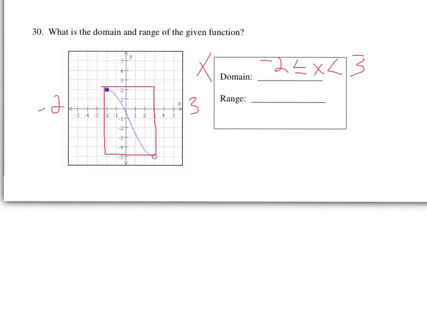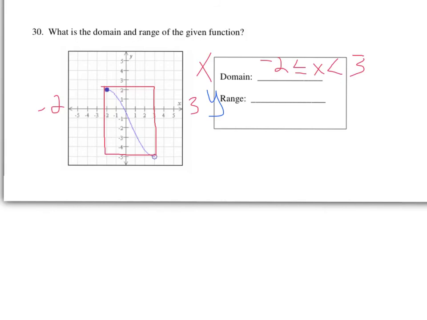Because it cannot be equal to 3, because that's what that open circle tells us, so we do not put the equal sign here. Okay, for the range, we're looking for the values of y. So we're going to see, once again, what the lowest and the highest values are for the range. It comes all the way down to -5, and it goes all the way up to +2.